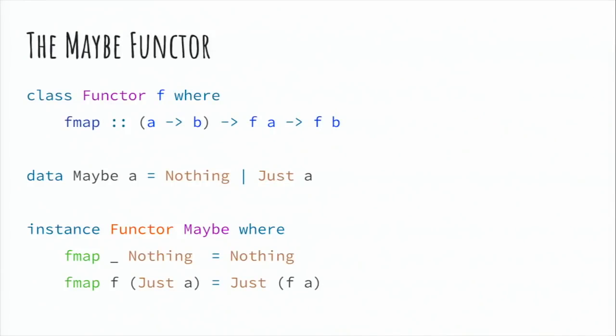A functor is, actually we saw a functor, because Maybe is a functor. In practice, it just means that there's a function fmap for that type.